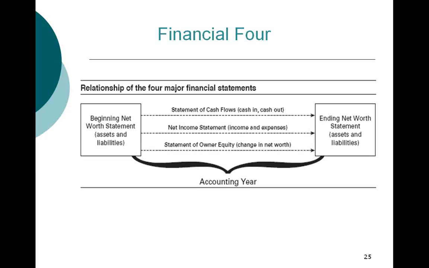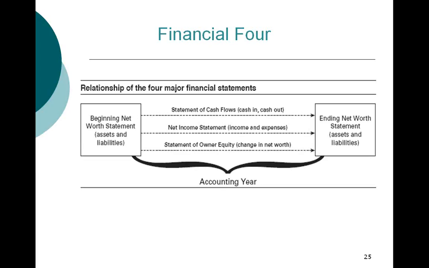The statement of cash flows then explains all cash that goes in and out of the business throughout the year. It doesn't have much to do with profitability, but shows all the cash that flows in and out from all sources. The net income statement identifies the income and expenses related to the farm or ranch business and the net income derived from that business.